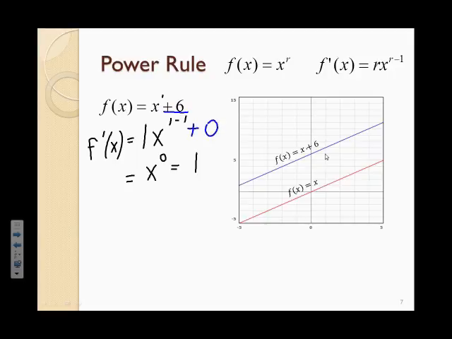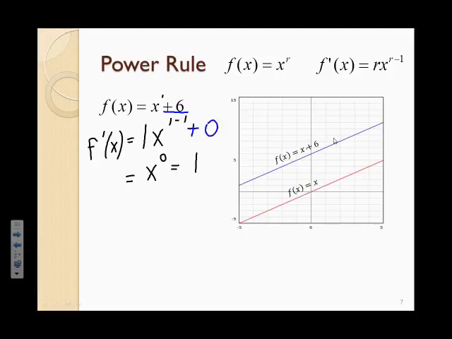So I'm adding 0 to this. Of course, anything plus 0 is going to be equal to what you started out with. So in essence, when we take the derivative of a function that has a constant in it, you just ignore it. You don't have to do anything with it. We know technically it equals 0, but we just don't need to even write it.